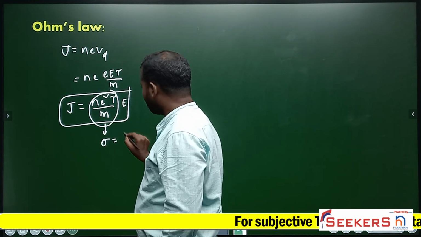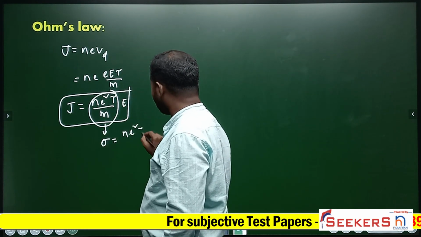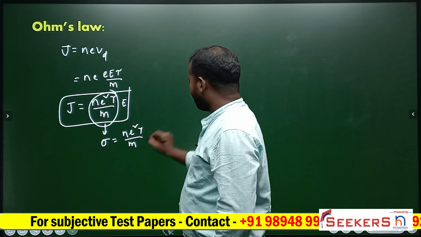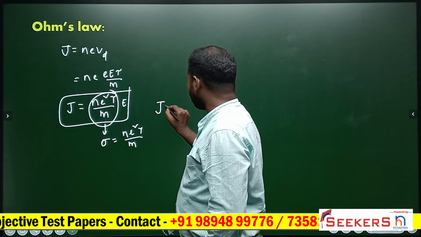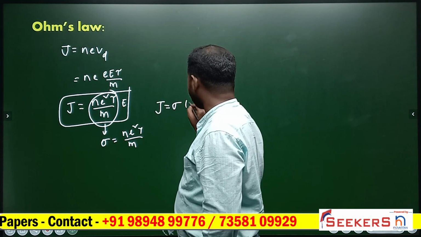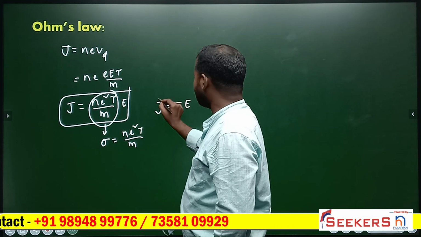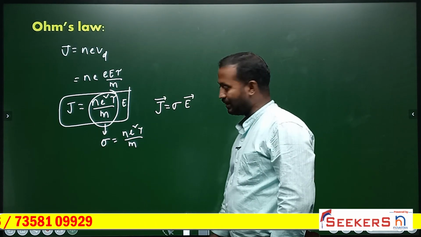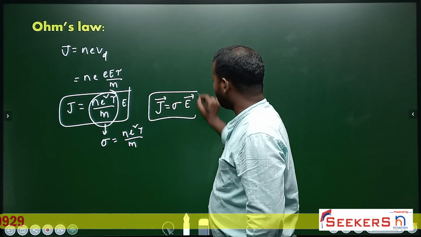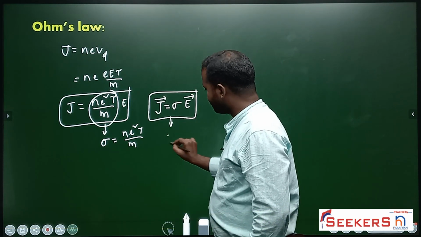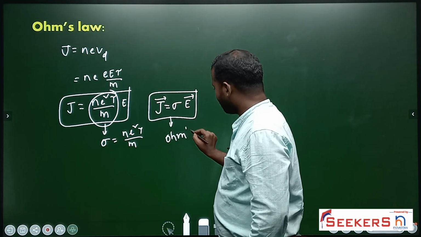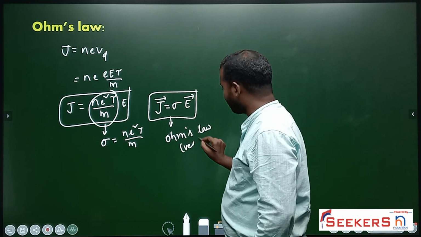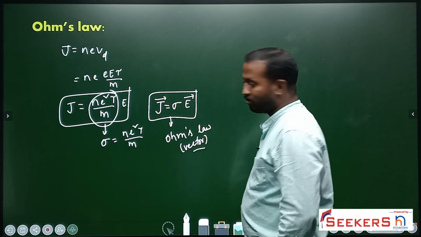Conductivity sigma is equal to n e square tau upon m. Now J is equal to sigma E. What is this J? Current density, that's equal to sigma into electric field. This is called Ohm's law, of course in vector form, or vector form of Ohm's law.